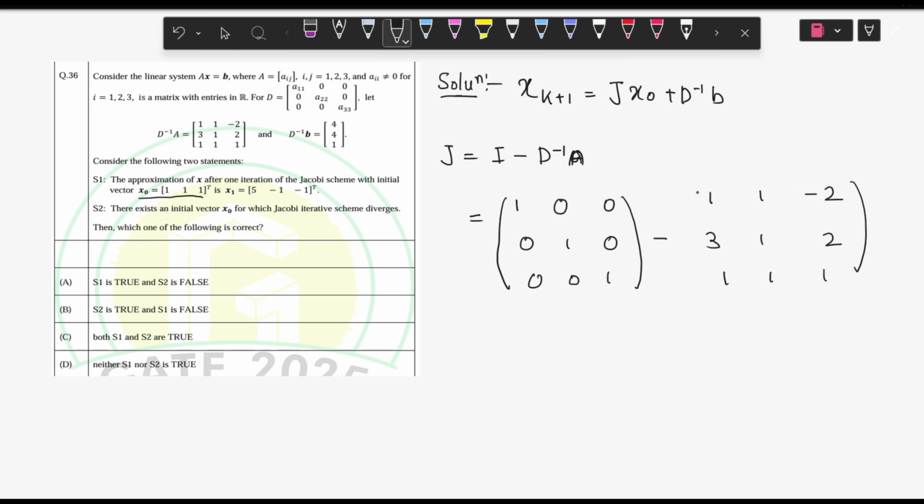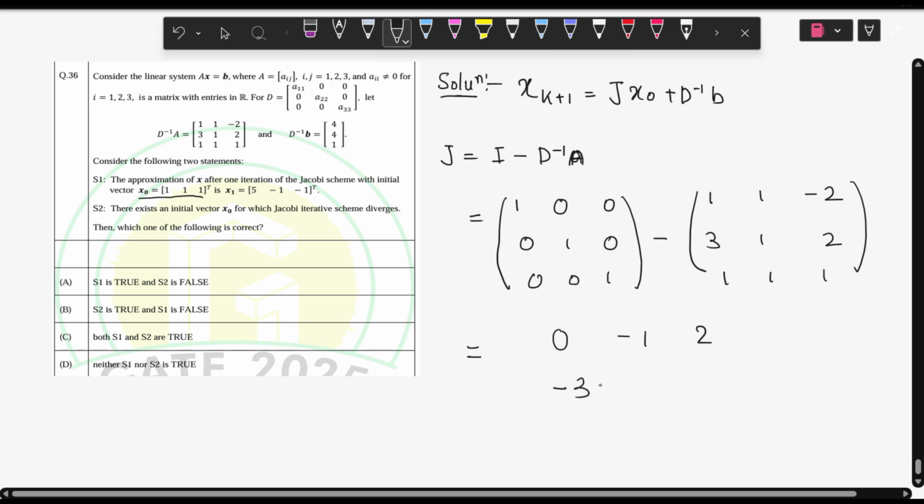Okay, so let's calculate I minus D inverse A. That is equal to 0 minus 1 2, minus 3 0 negative 2, minus 1 minus 1 0. So that is our J.